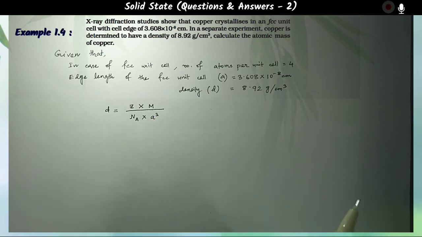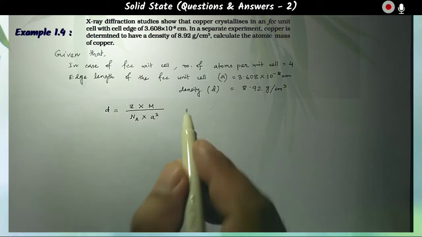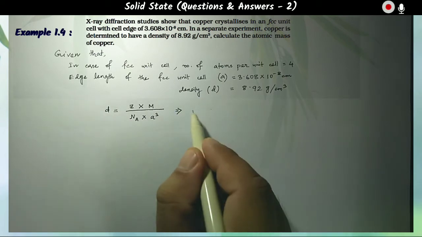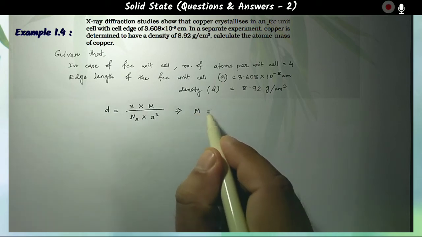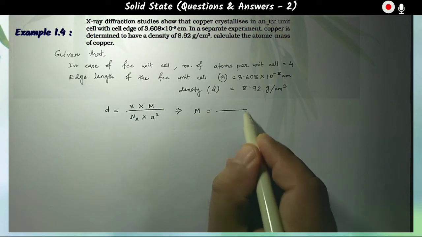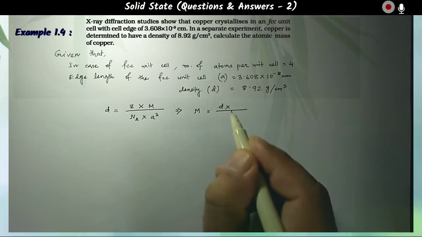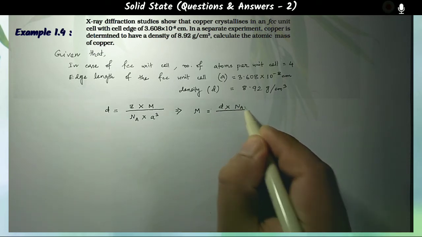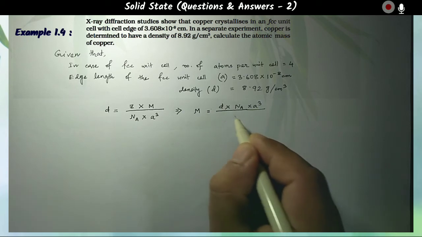A cube means the volume of that unit cell. So by using this equation we can find the atomic mass M equal to D, the density, into Avogadro number, into a cube, divided by Z.